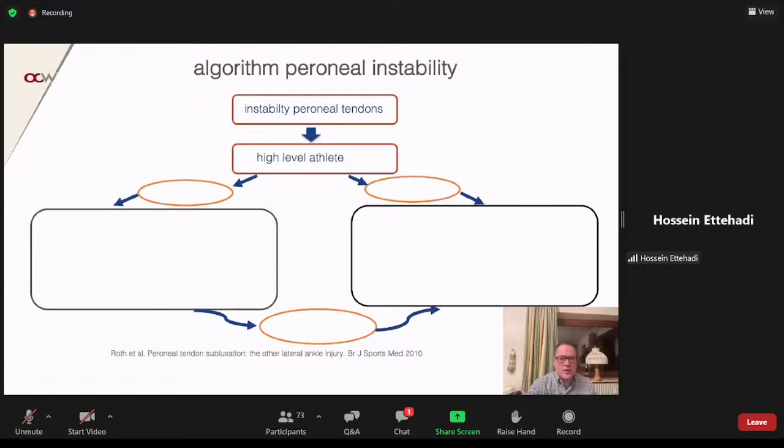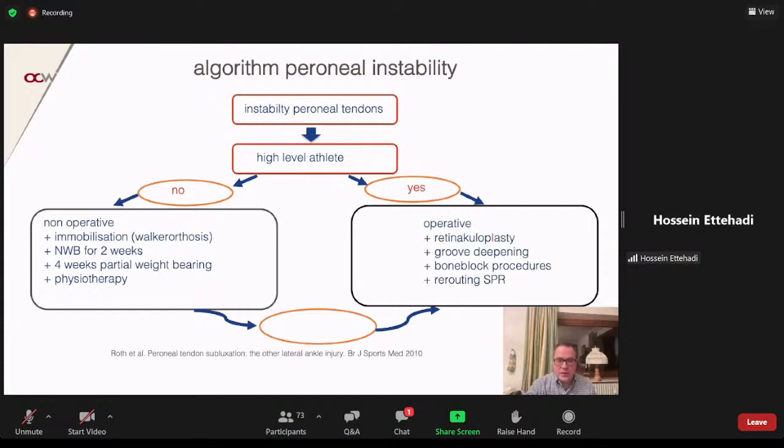If an instability of the peroneal tendons is established, it is important to look at the level of activity of the patient. If it is not a high-level athlete, it is quite okay to go for a non-operative treatment first, with immobilization in a walker orthosis, 2 weeks of non-weight bearing, then 4 weeks of partial weight bearing. Otherwise, the options are operative procedures, such as bone block procedures or rerouting of the superior peroneal retinaculum.